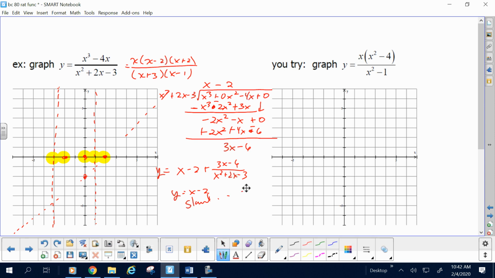So when I go x less than negative 3, negative 5 maybe, negative, negative, negative, negative, negative, 5 negatives, and that is negative. And so if it's negative and following these asymptotes, it's probably down there, okay?